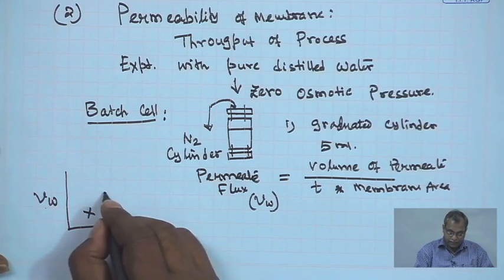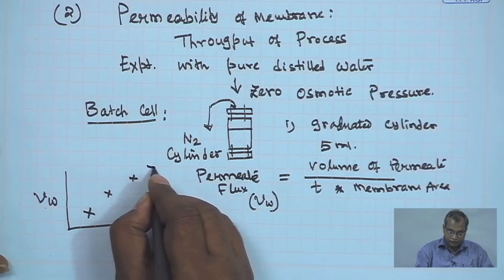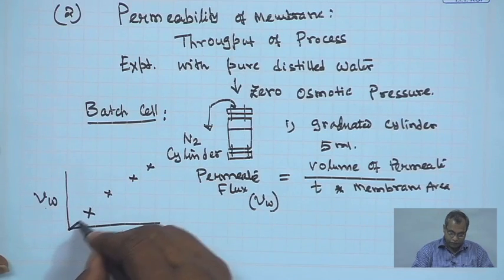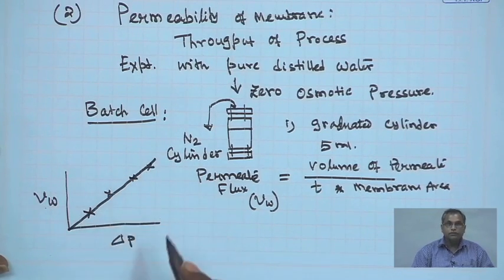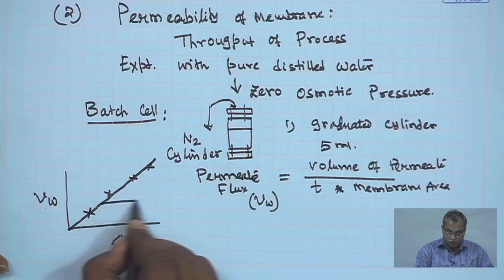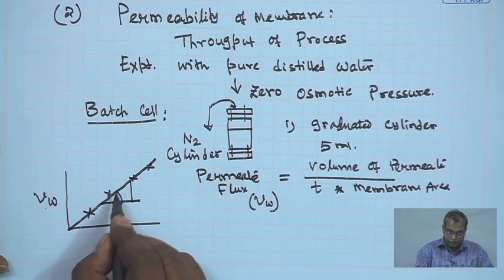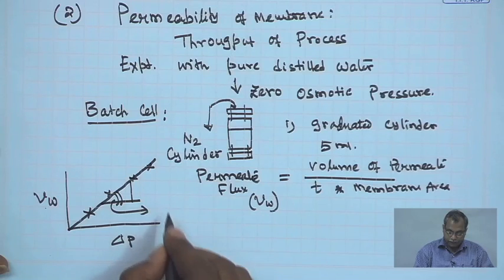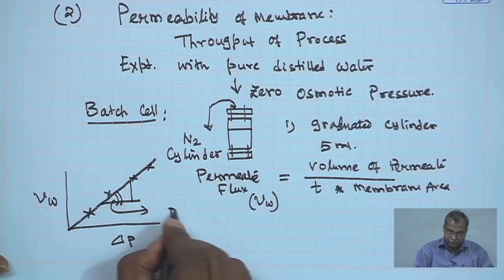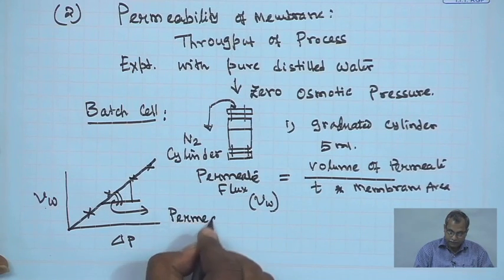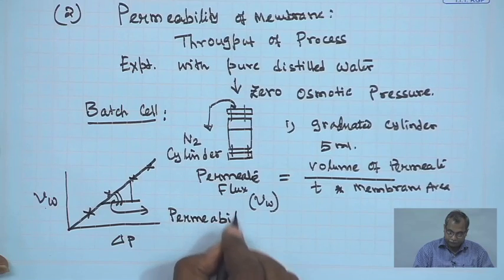So, we will get the data something like this for different pressure drops, and then we fit a straight line through them through the origin. The slope of this curve will be given by the permeability, and permeability is typically denoted by the symbol Lp.